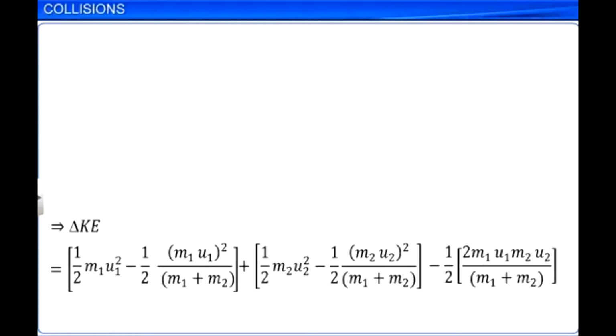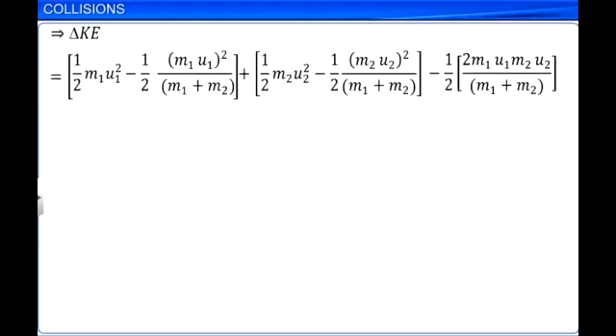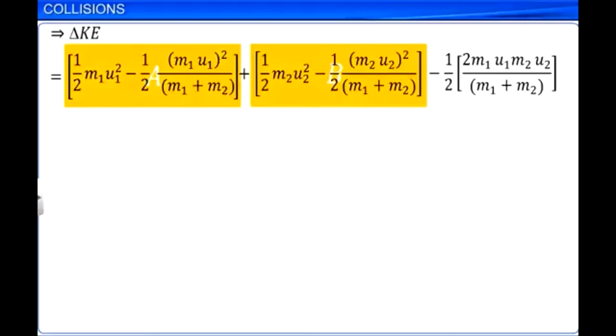For convenience, we mark two expressions, A and B, and simplify them separately as shown.